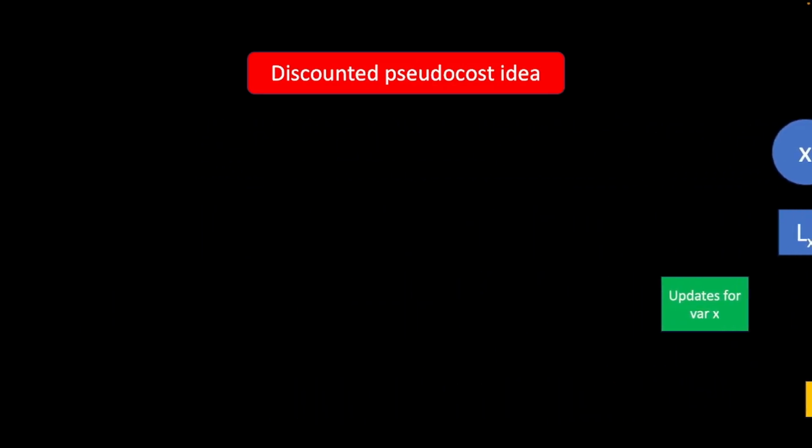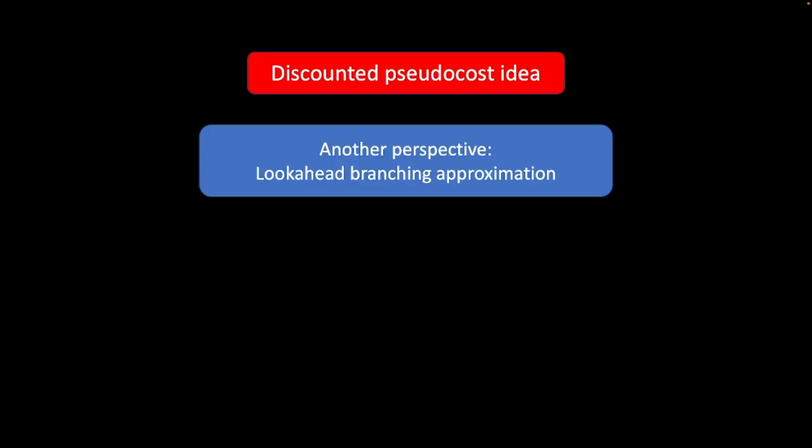Before we jump into evaluating it, let's take some points into account. First, we can think of discounted pseudocost as an approximation for look-ahead branching. Pseudocost can be thought of as an approximation for strong branching, and in a similar fashion, if gamma is equal to 1, then discounted pseudocost is in some way an approximation of look-ahead branching.